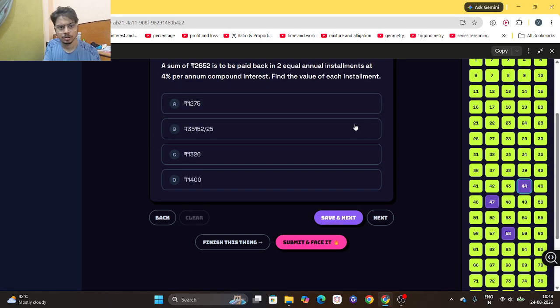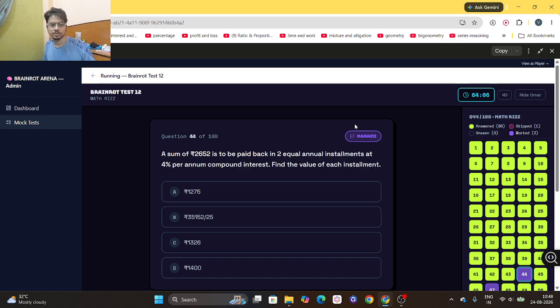Next. A sum of 2,652 is to be paid back in two equal annual installments at 4% per annum compound interest. Find the value of each installment. So the final value is 2652. No, that is the present value.